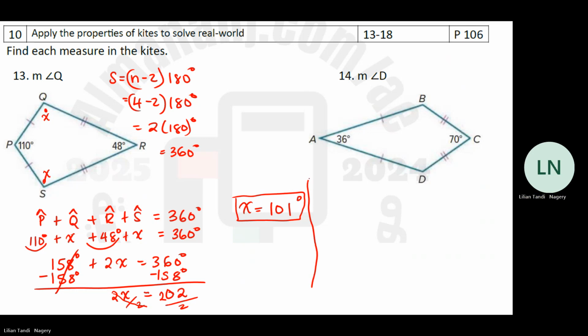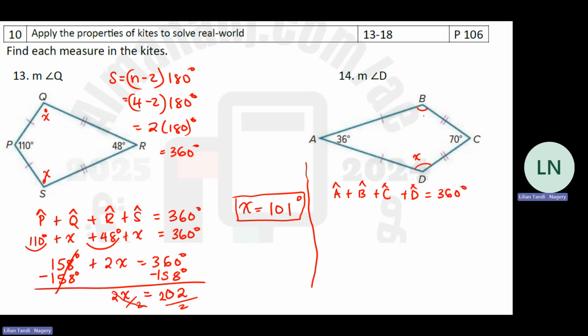Okay? So I already did the sum here, so I'm not going to do it here. But I know that angle B must be the same as angle D because the angle formed by the long side and the short side is directly opposite. On the other side, they must be congruent. So we will write angle A plus angle B plus angle C plus angle D should give us 360 degrees.